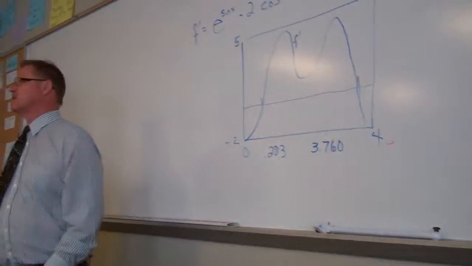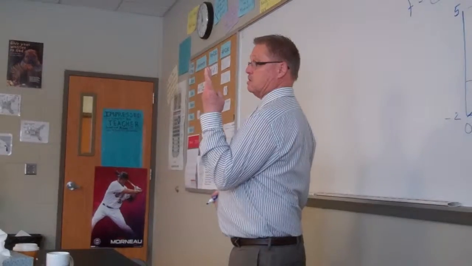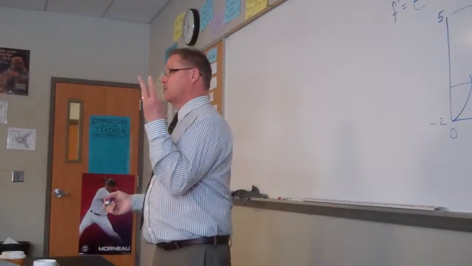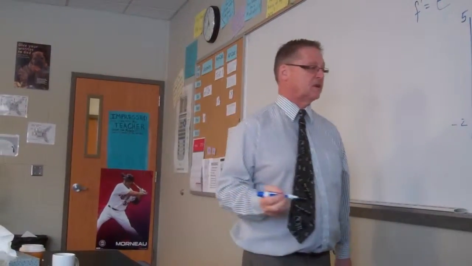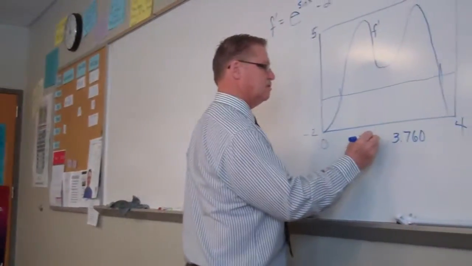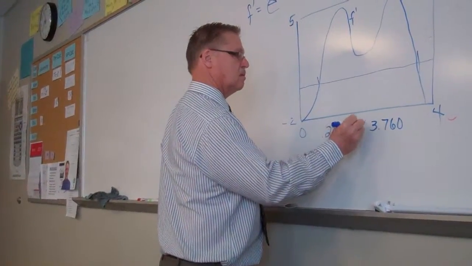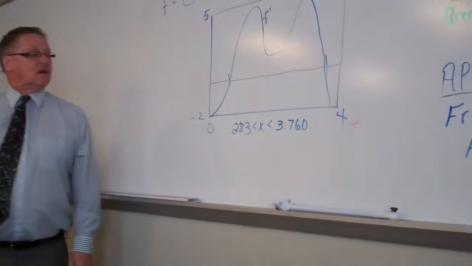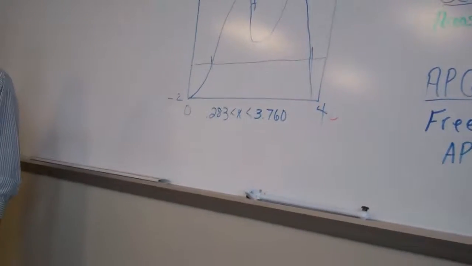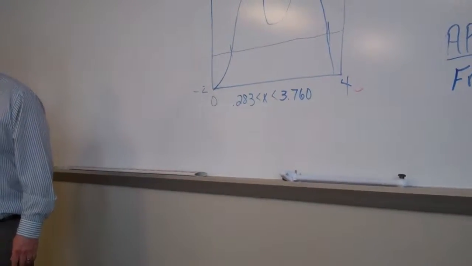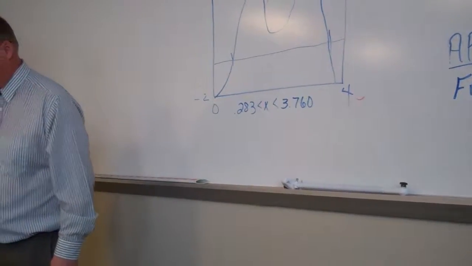On the AP test, they love 3 digits after the decimal. You gotta start doing 3 digits after the decimal. So that's the answer to, I think, question B.